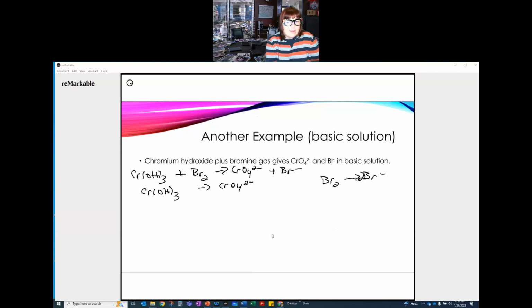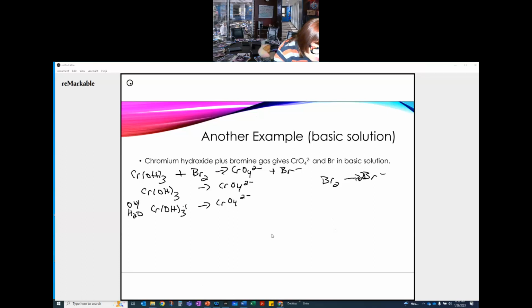Now, can I do that in that first one? Yeah, I can. I don't always. It depends on what I'm doing. My next step is to balance for oxygen with H2O. Cr(OH)3 goes to CrO4 2 minus, and I have 4 oxygens on my product side and 3 oxygens on the reactant side.